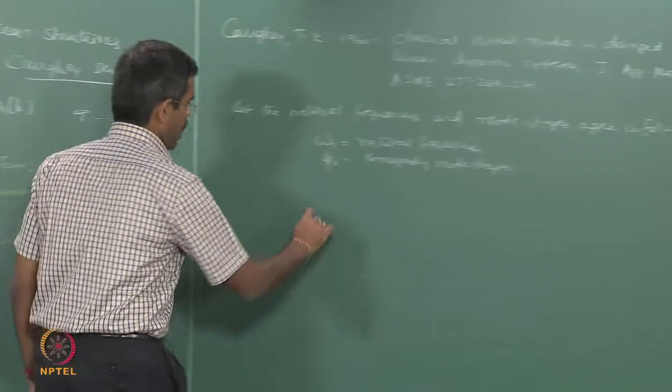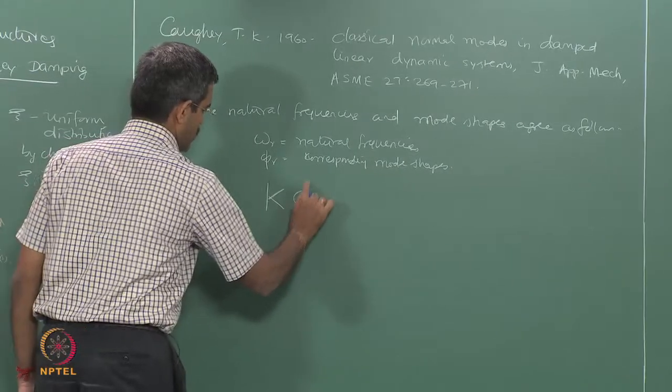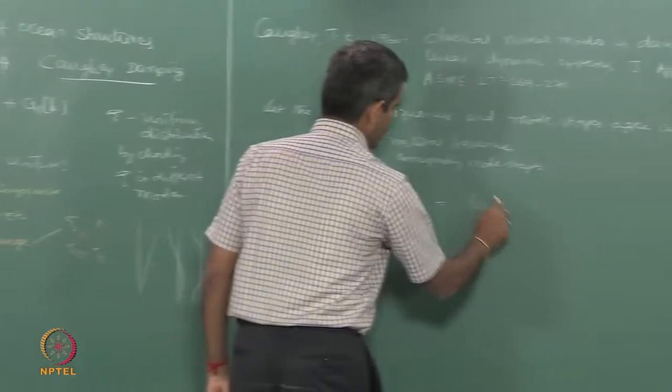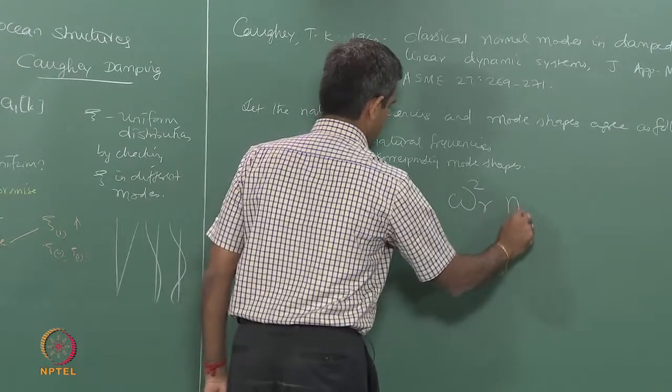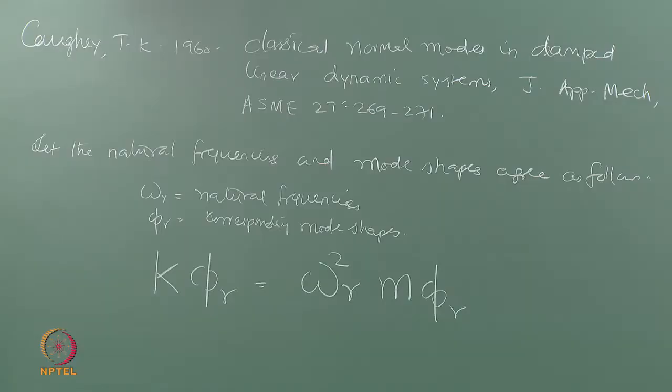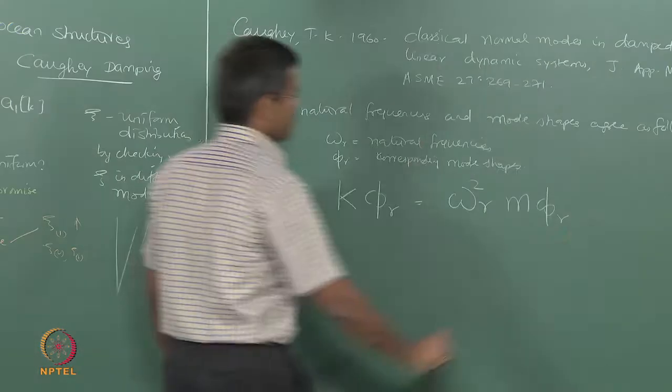So, we know k phi r can also be written as omega r square m phi r, because we know k is omega square m. Let us call this equation number 1.